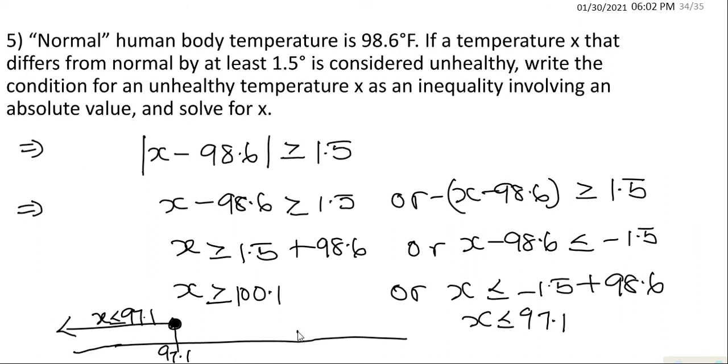Or x ≥ 100.1, so this is 100.1 here. The arrow goes to the right because the inequality is included, and x is greater than 100.1 here, and this is the x-axis. So that solves the problem, and these are the two solutions to the question.